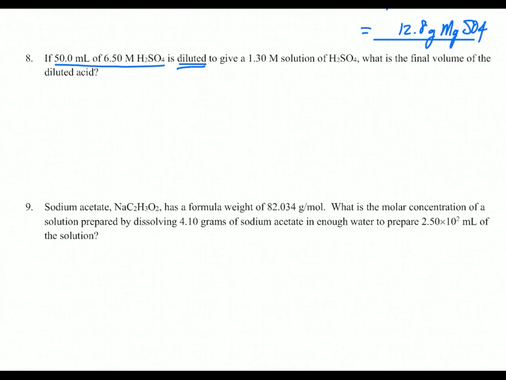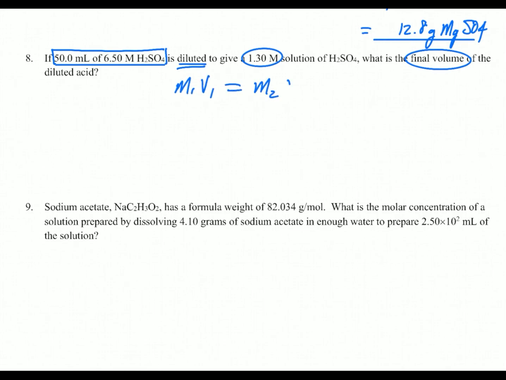Recognizing that these go together as the concentrated, and that this one goes with whatever you're solving for, the final volume: M1V1 equals M2V2. So this is V1, that is M1, this is M2, and it is V2 we are solving for.